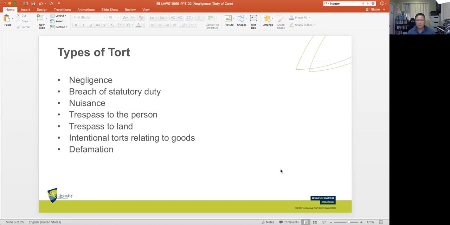Now, our focus in this particular module is to examine the tort of negligence and what it exactly is and what the elements of an action in tort on the basis of negligence must have.